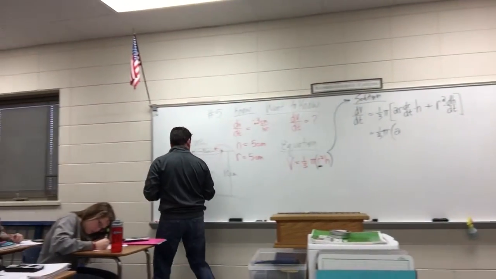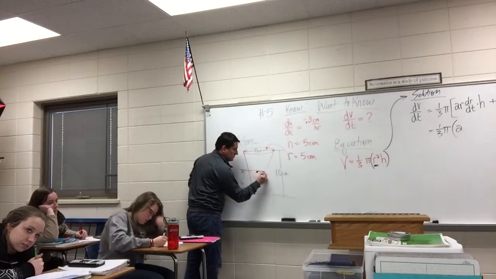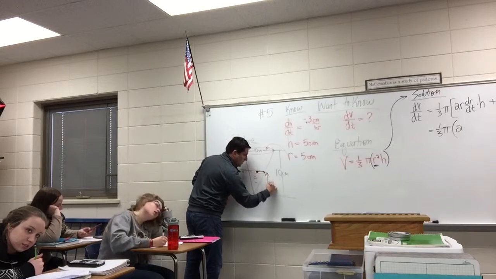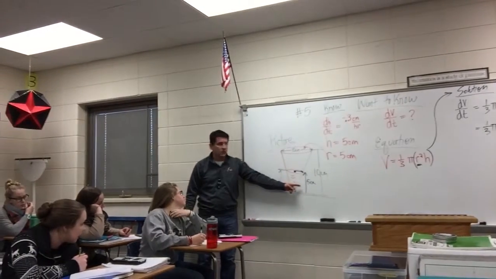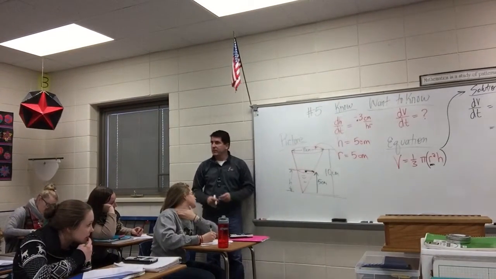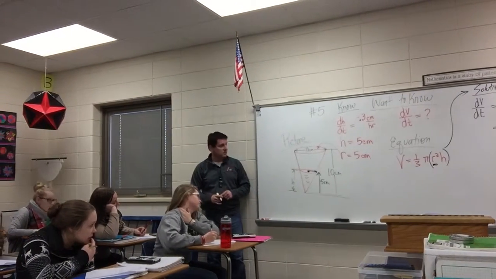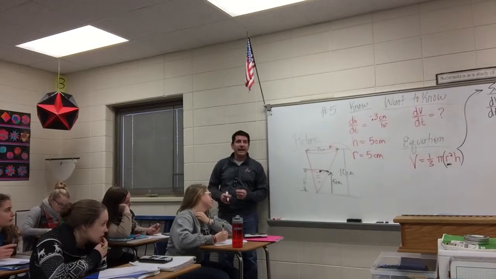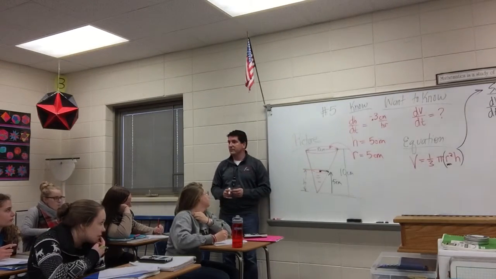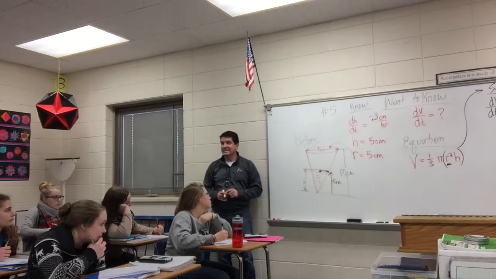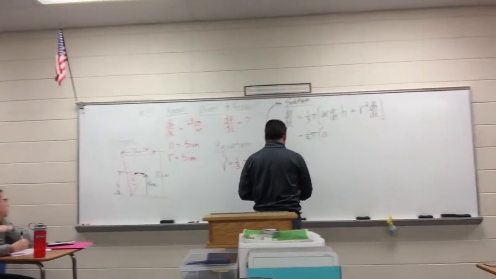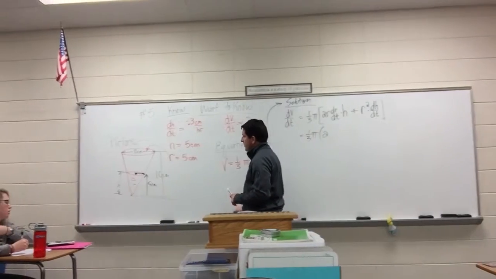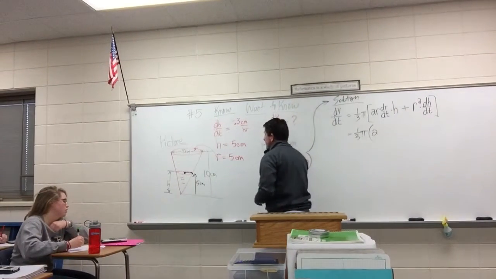Wait a second. We don't have a radius, but we do know that this is the height when it's 5 centimeters. Is this one 5 centimeters? Well, let me tell you what we can do.